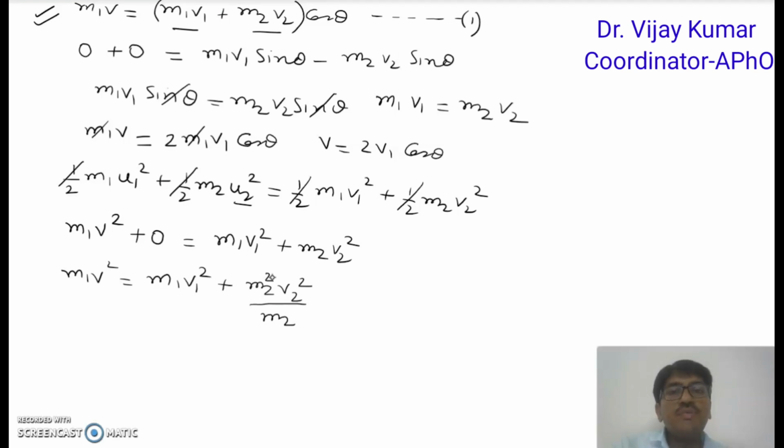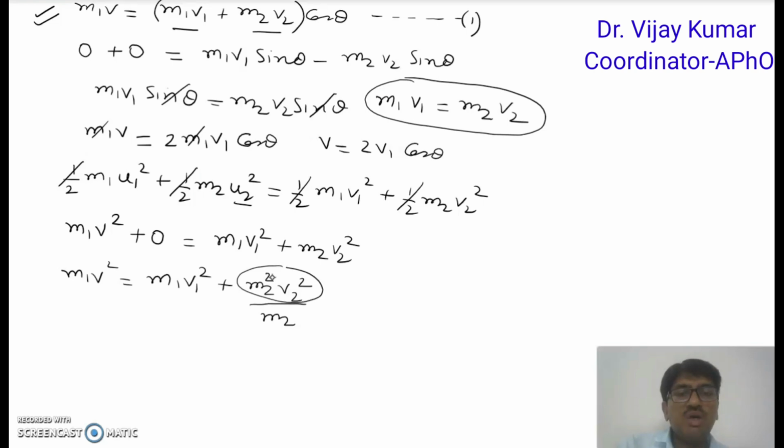And we know that m1 v1 equals m2 v2, so this m2 v2 may be replaced by m1 v1. The equation becomes m1 v square equal to m1 v1 square plus m1 square v1 square upon m2.